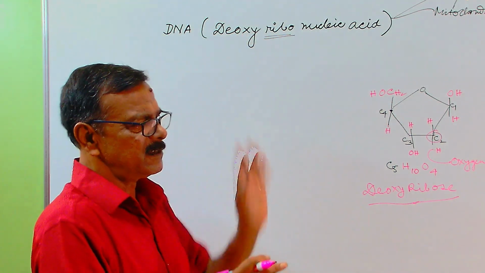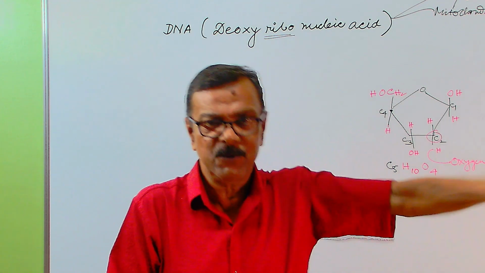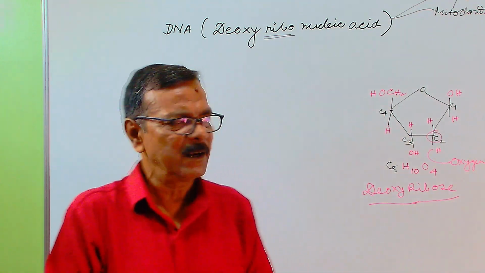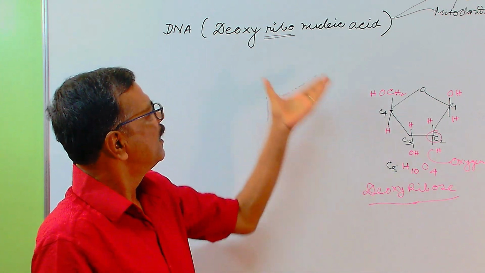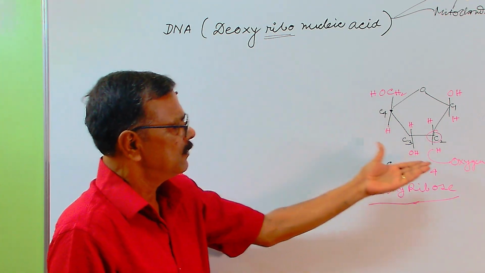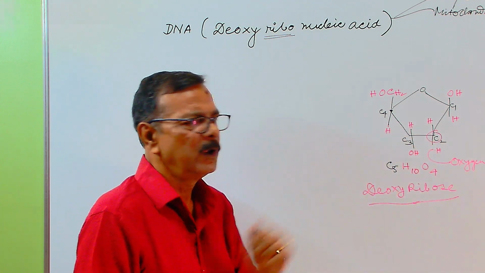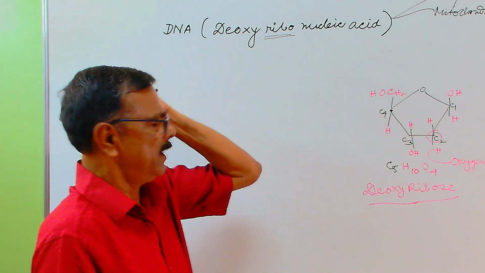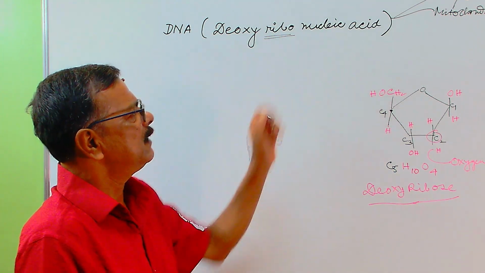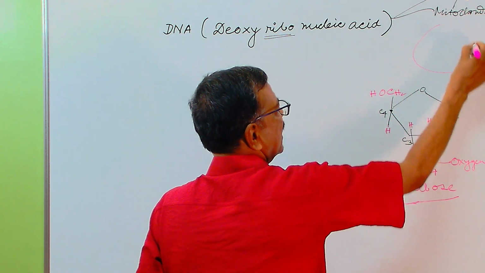So deoxy means dehydroxy, removal of oxygen, unlike dehydrogenation, which is removal of hydrogen. So in deoxyribose sugar, the oxygen atom of carbon 2, the second carbon, is absent. So it is called nucleic acid. It is available in the nucleus of a cell.